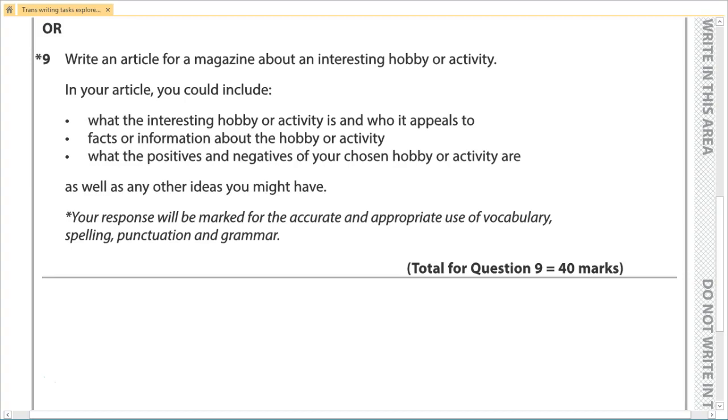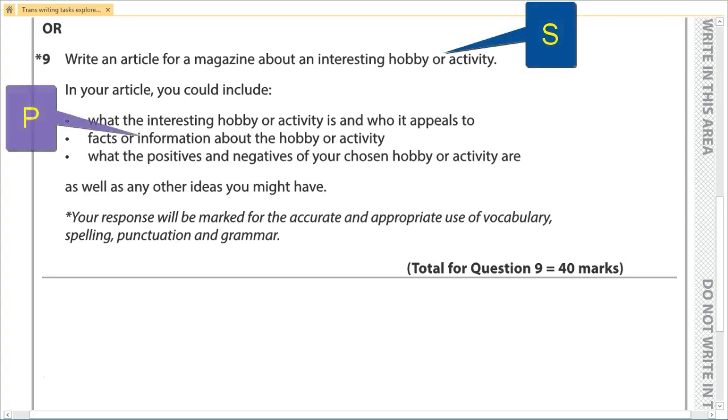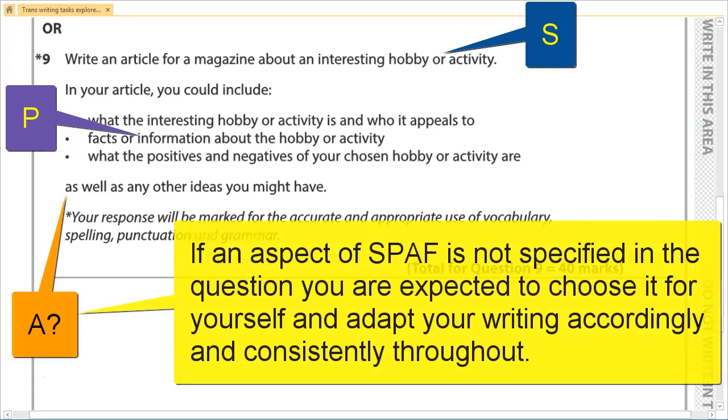In terms of the subject, the purpose, the audience and the form, the subject matter is obviously a hobby or activity, so there's your thematic link. The purpose is to inform and to explain, and the audience is not specified, so you could choose that audience.